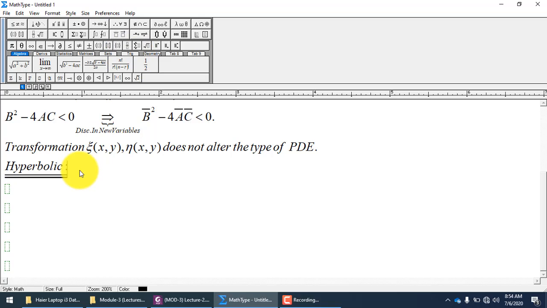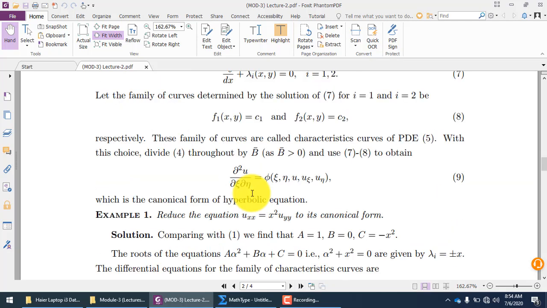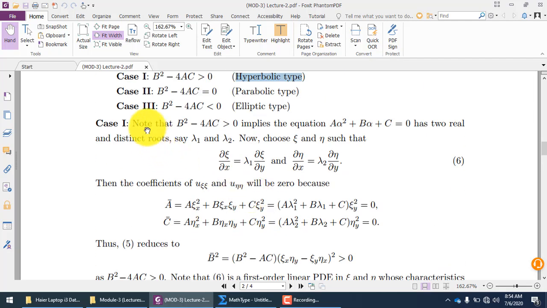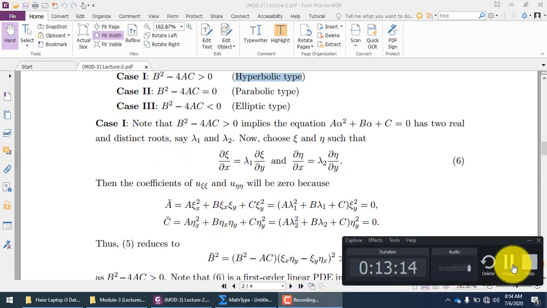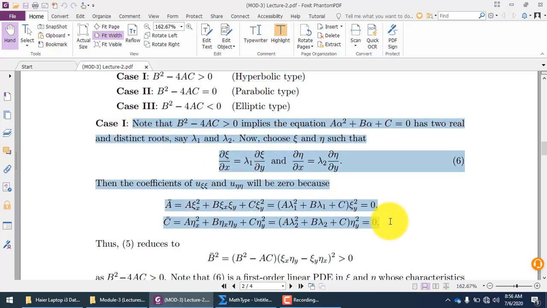In this hyperbolic case, you will be given a partial differential equation. Here no PDE is given because I have explained it generally. So let us start the solution generally. I am going to explain the hyperbolic case generally, and this will help you understand how we will proceed in each case, because the steps will be similar in any case.